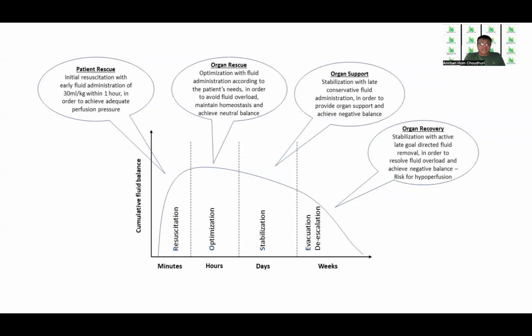So if we realize this, we can understand that at any of these phases between optimization, stabilization, and evacuation or de-escalation, there is a role of vasopressors in order to maintain the pressures instead of fluid administration increasing the preload.